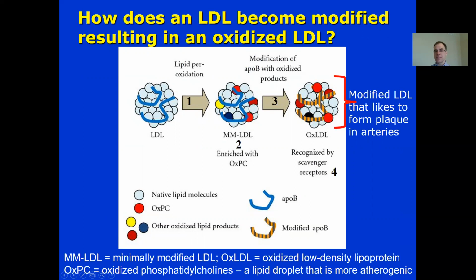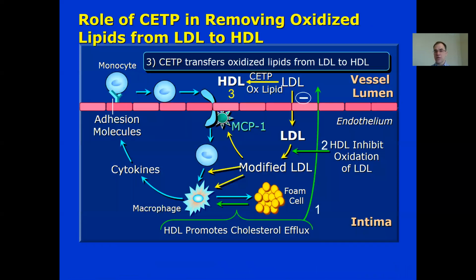What happens is CETP will come in and pull off these oxidized lipids that have been affected by free radicals. It pulls them off of the LDL and gives them to HDL, and then the HDL takes those back to the liver where they can do no more harm.